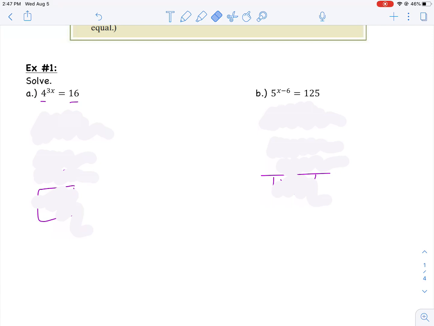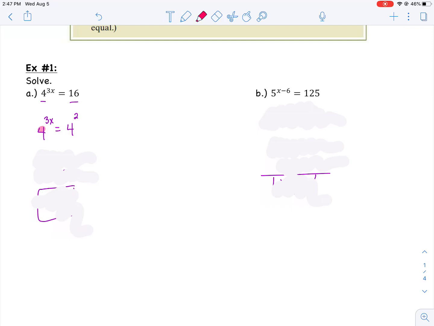Instead of saying 16, could I say 16 is the same thing as 4 squared? Because 4 times 4 is 16. And so then I can write the equation 4 to the 3x is equal to 4 squared. I haven't changed any value. I've just rewritten 16 as a base of 4 to the power of 2.